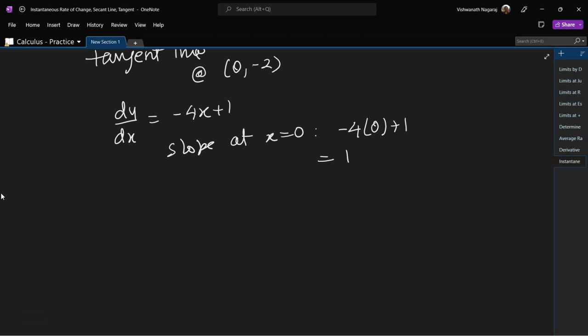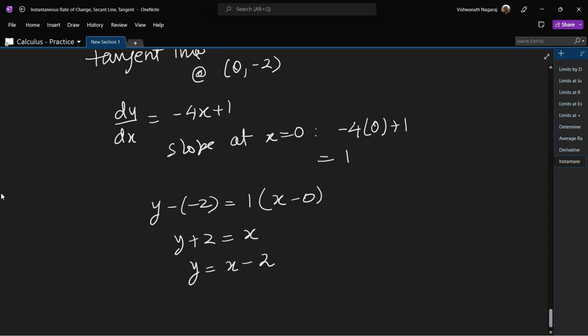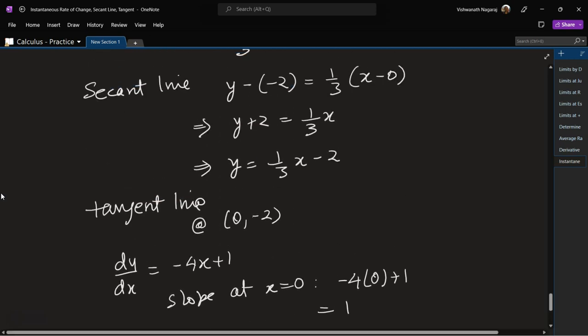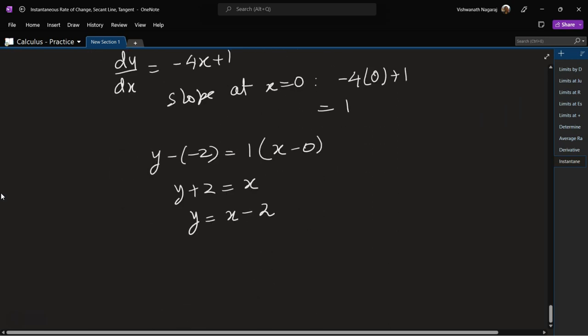So the tangent line would be y minus minus 2 is equal to 1 times x minus 0. So y plus 2 is equal to x, y is equal to x minus 2. So this is the tangent line and this is the secant line. Secant line is between 2 points and tangent line is at a particular point.